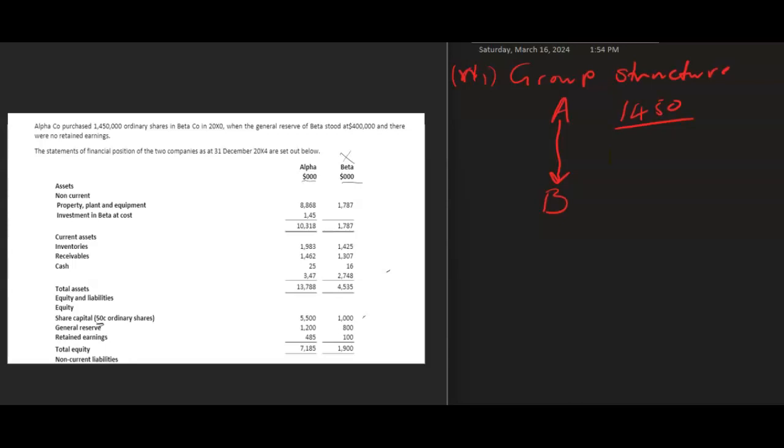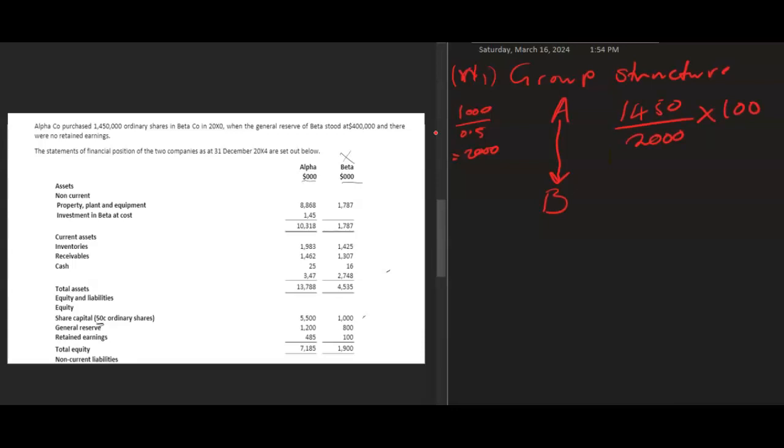So we are going to divide 1000 by 0.5 in order to find the total number of shares. That would be 2000, right? So we're going to divide by 2000 and multiply by 100 to get the percentage.